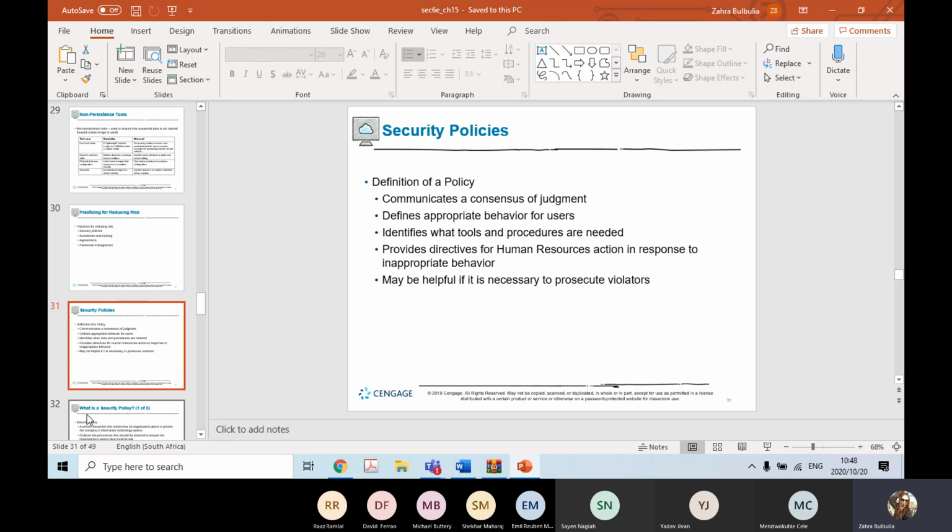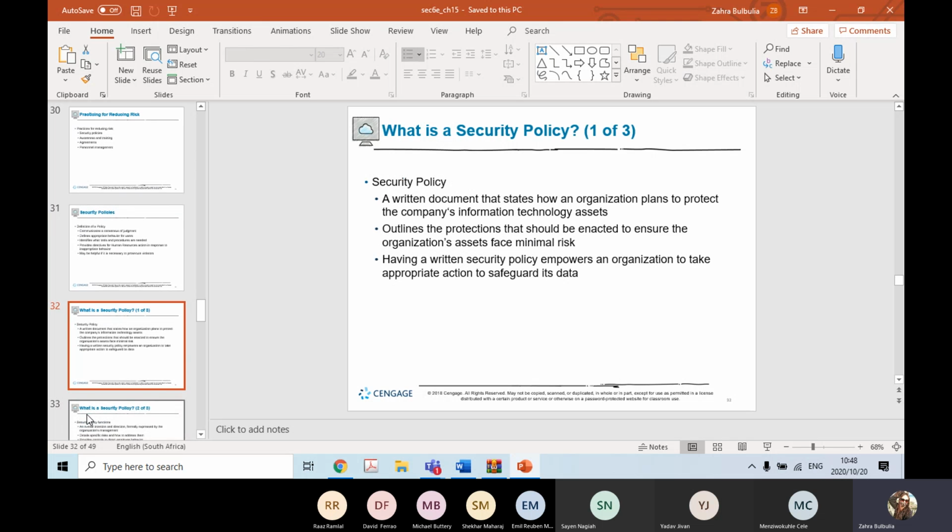So it, of course, helps to prosecute violators if necessary. So this is a written document. It states how an organization plans to protect the company's information technology assets, and it outlines the protections that should be enacted to ensure the organization's assets face minimal risk.